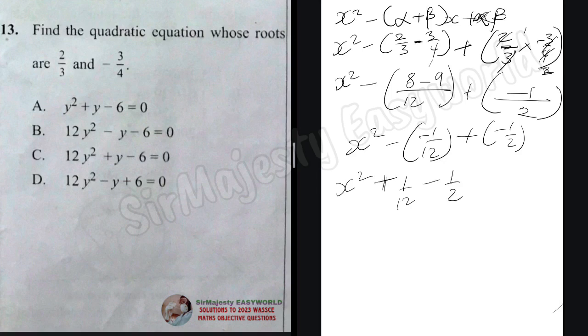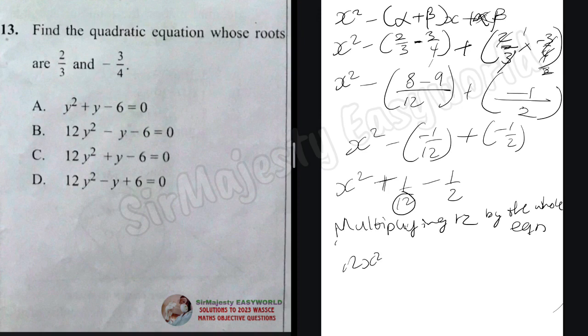I'm going to multiply everything by the LCM. The LCM of everything here is 12. So multiplying the whole equation by 12, this would be 12x squared plus 12 times 1/12 x minus 1/2 multiplied by 12.